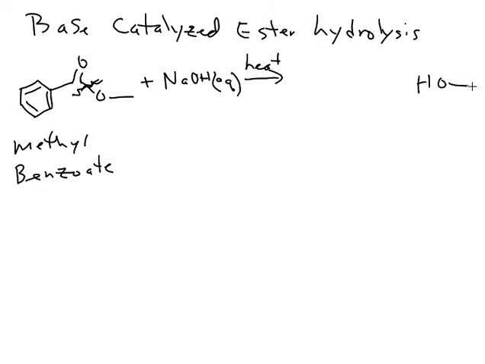So this is our one carbon with the alcohol. And then we're going to make our benzoic acid. So we've done our hydrolysis, and we have our carboxylic acid and our alcohol.